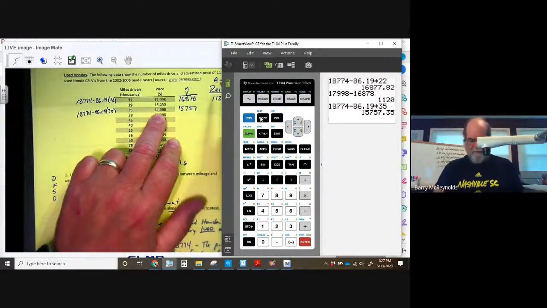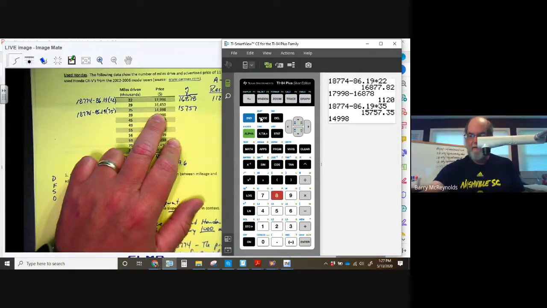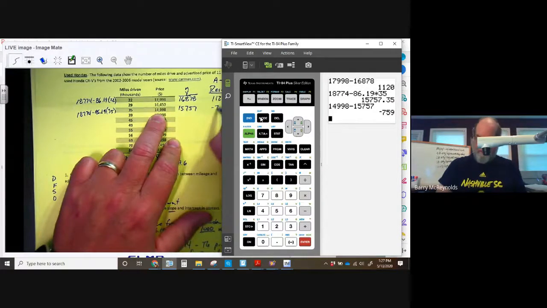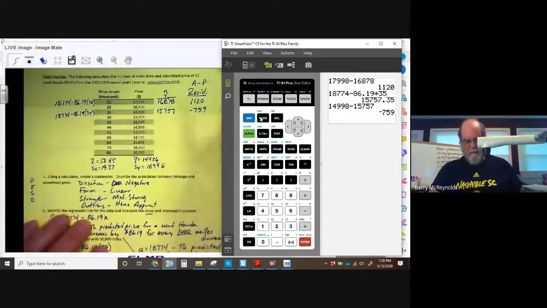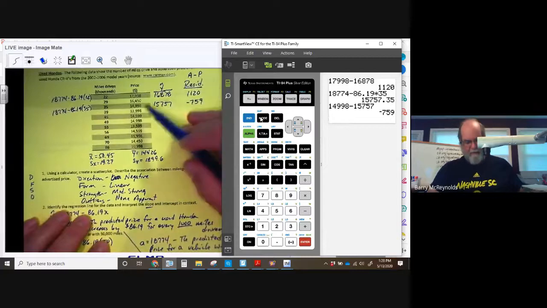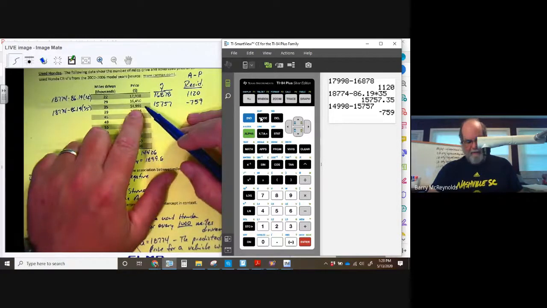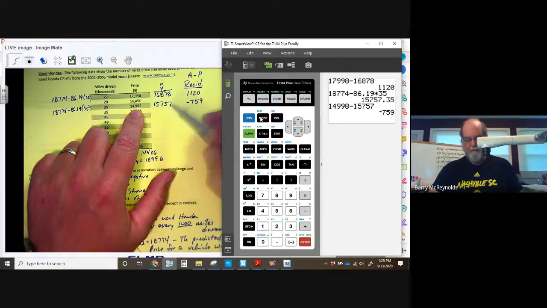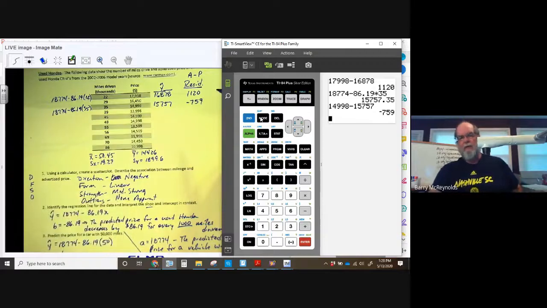And so here the residual again is the actual minus the predicted. So this minus that: 14,998 minus 15,757. And here the residual price is negative 759. So in this case, you would say, hey, I got a good deal. I paid less than my prediction line would have expected. So a negative residual in this context is, I got a pretty good deal.